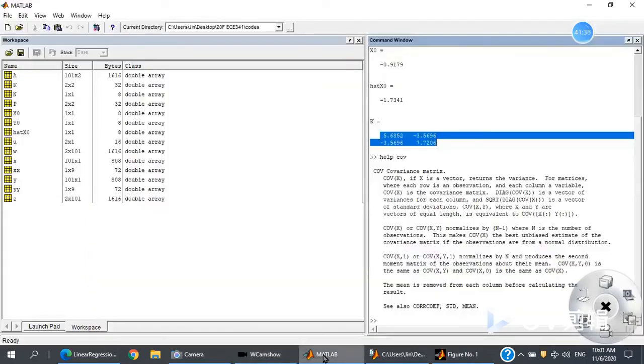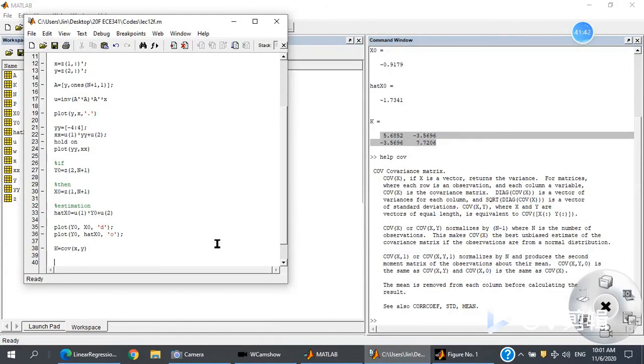So A equals the covariance, that will be k of 1 and 2, this element is covariance of x and y, divided by the variance of y, so there will be k 2.